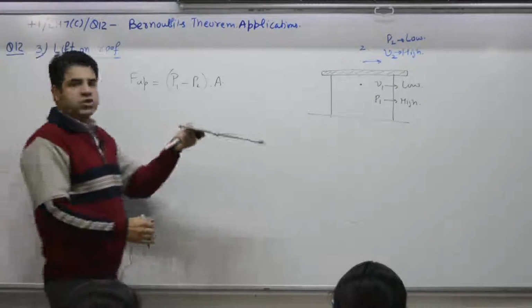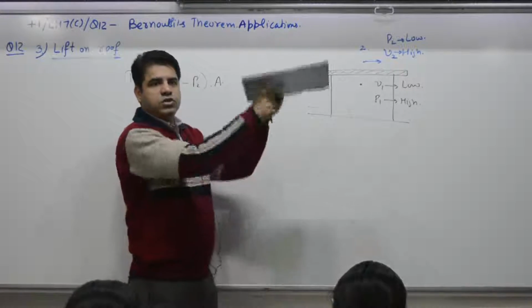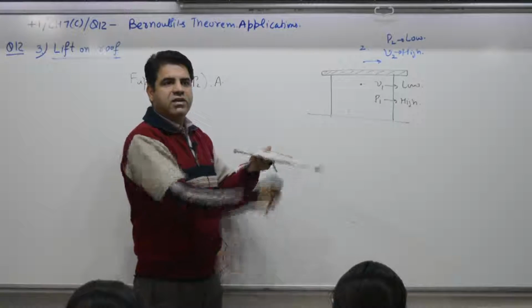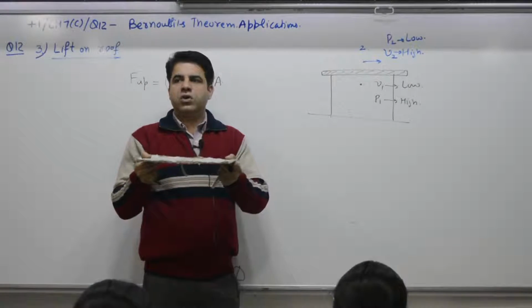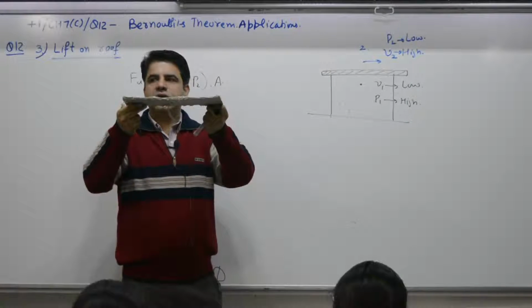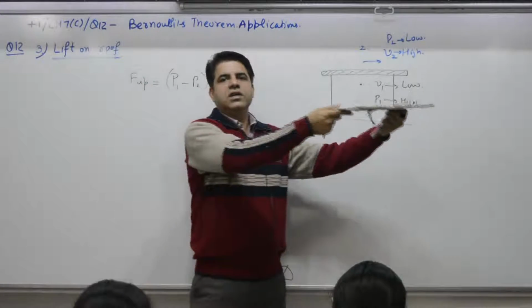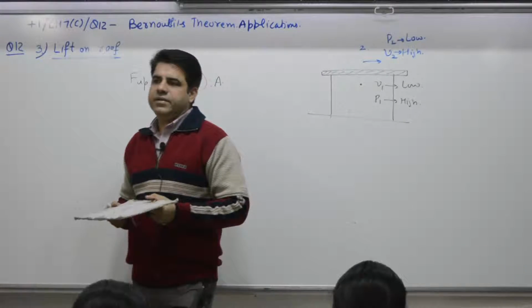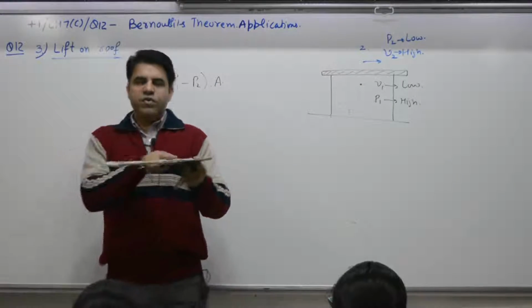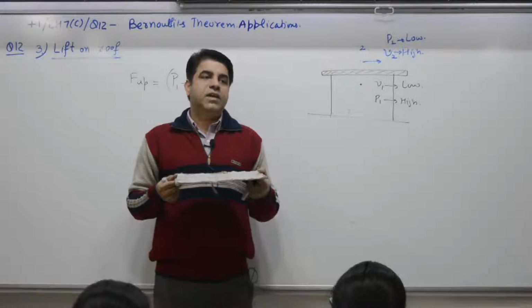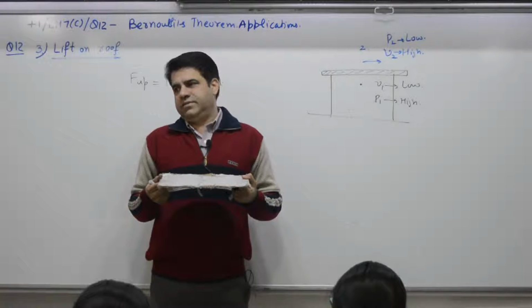If this upward force becomes more than the weight, then during a storm, it can take the whole roof and shift it from one place to the other, sometimes kilometers away. It will happen in a case where the roof is supposed to be light. Where? Theaters.